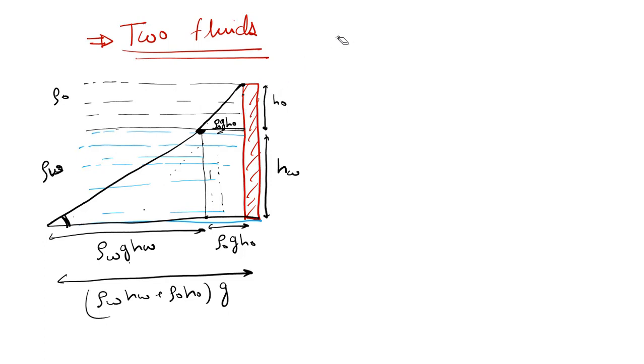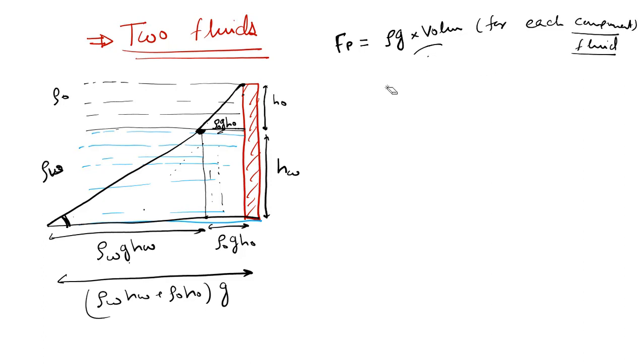So Fp can be calculated as rho g into volume for each component, meaning for each fluid or part. Here it consists of 3 parts: 1, 2, 3.